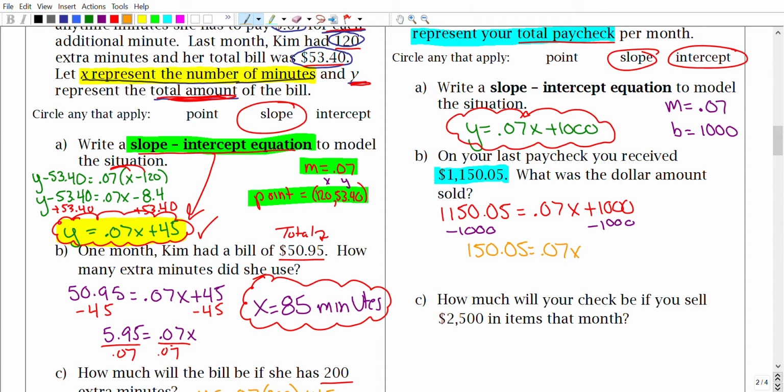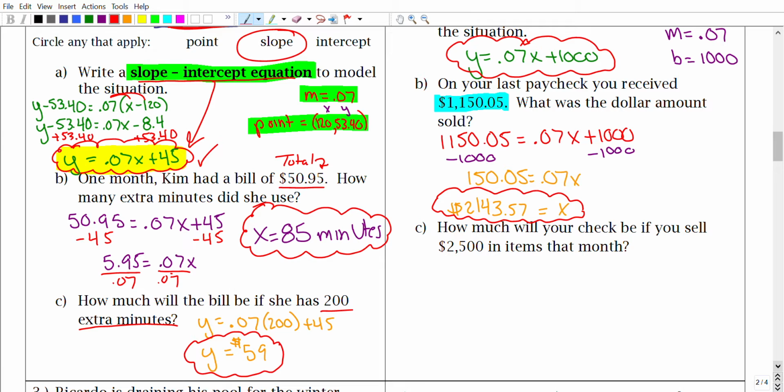I got $2,143.57. Remember, guys, we are talking about money here, so you need to make sure that you only go to the hundredths place. So only 57 cents. You have to round. Okay?